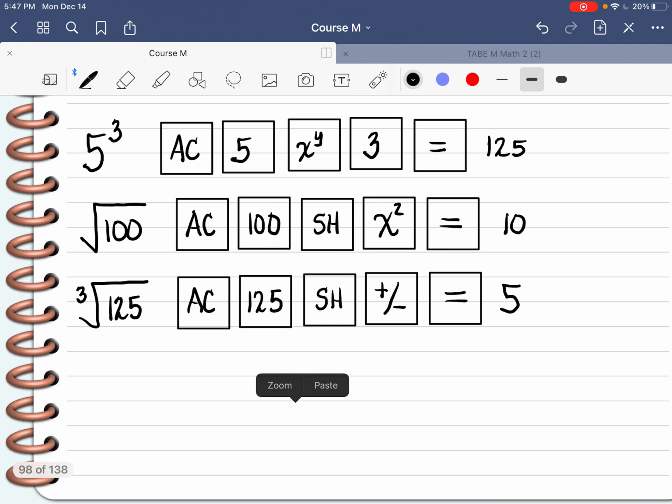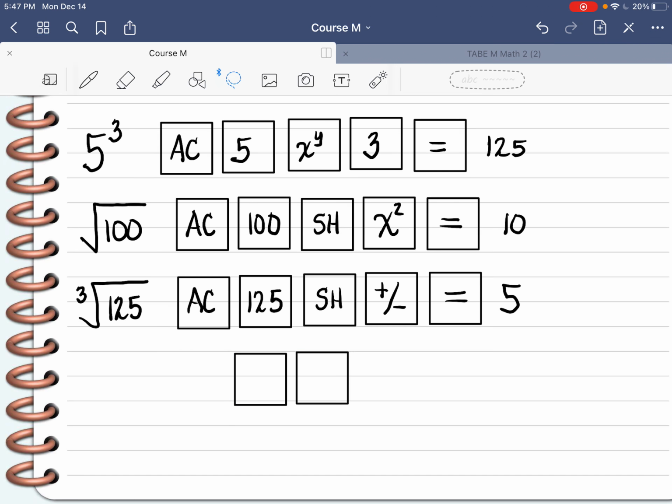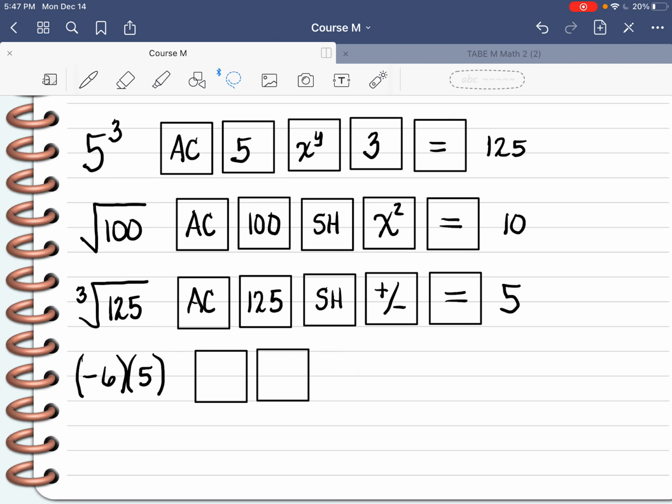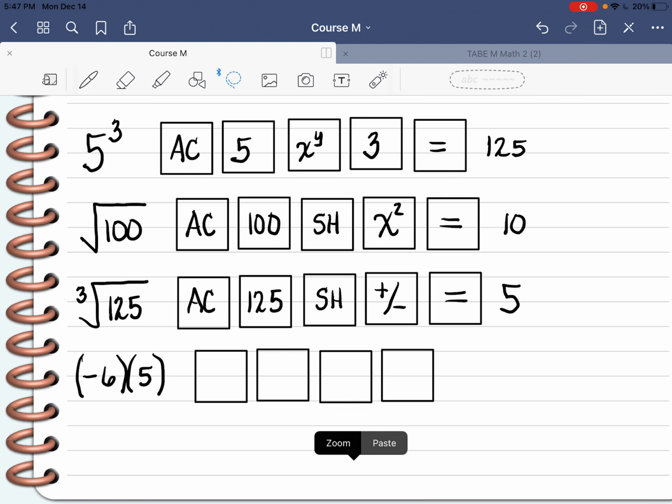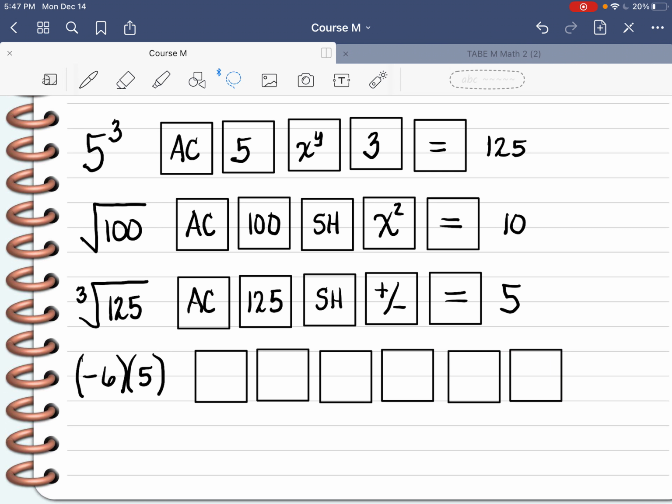And there's actually one other thing I want to show you here while I'm thinking about it. Let me show you how to put the positive negative signs in your calculator. So let's say that we want to multiply -6 times 5. And I can already tell you that's a -30. Because the signs are not the same, the answer will be negative. But let's put it through the calculator and just see how that works. So the first thing you want to do, of course, is all clear.